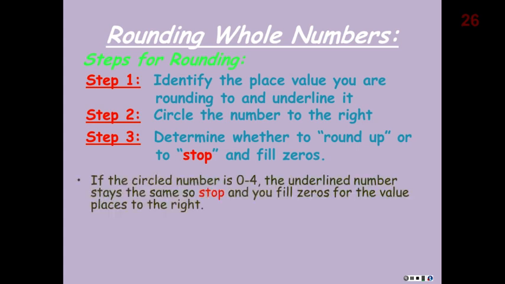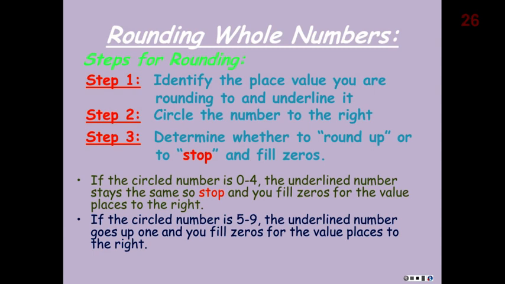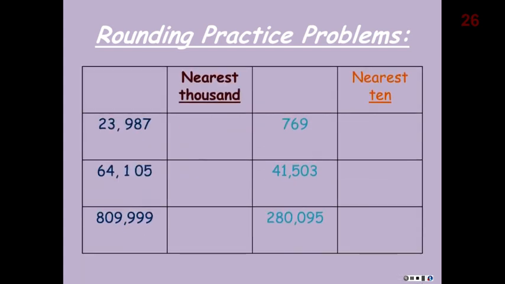Remember, if it's 4 or less, you're just going to ignore. You just stop and fill your zeros. But if the circled number is 5 or more, you're going to increase the underlined number and then fill zeros. Okay? That's it. Fill zeros, you're going to do that no matter what, on a whole number. That's the strategy. You guys got it?